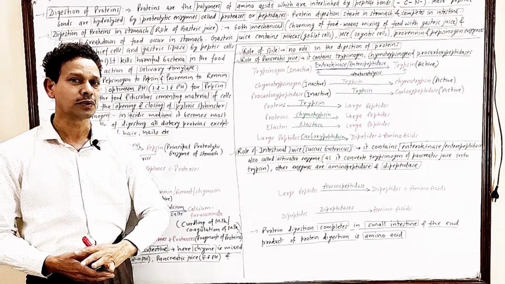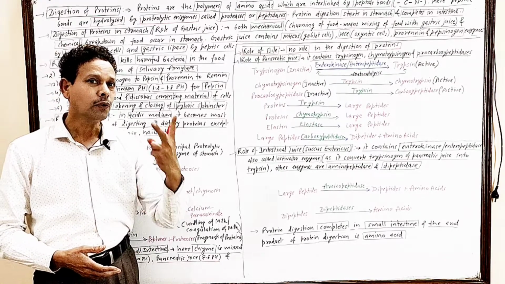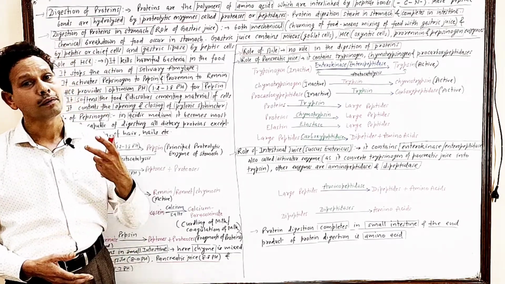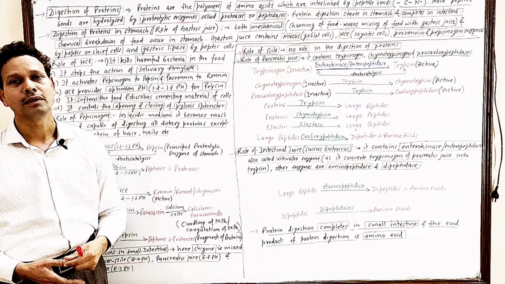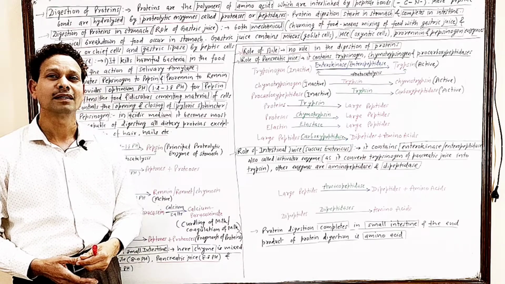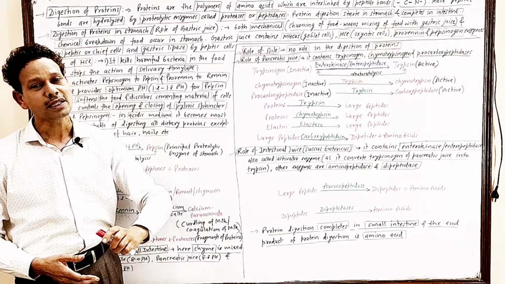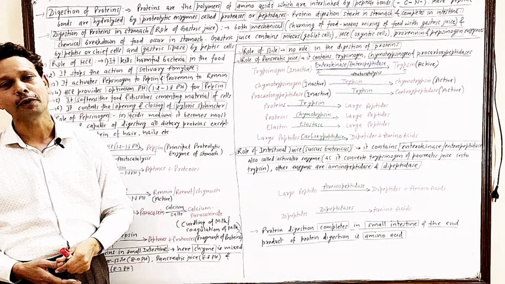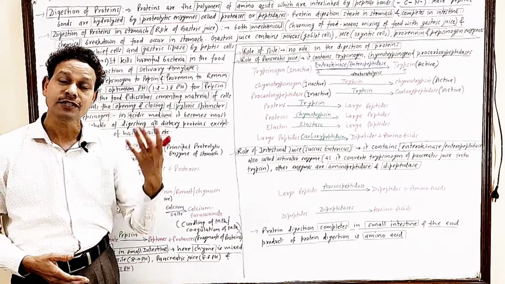In gastric juice, two types of enzymes which are proenzymes, pepsinogen and prorenin. And dear students, these proenzymes are produced by peptic cells, chief cells.